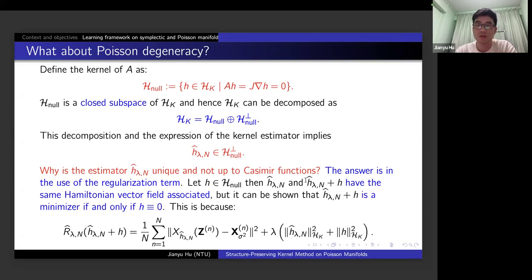Specifically, it can be shown that the estimator plus any Casimir function is a minimizer if and only if this Casimir is 0. So this means that the estimator is the unique minimizer of the minimization problem.